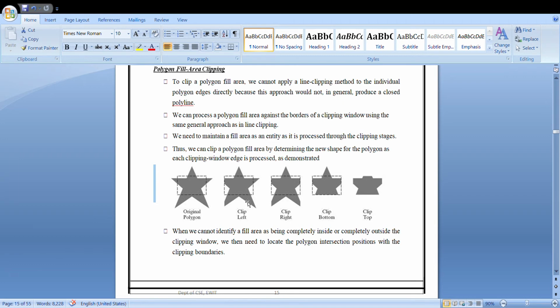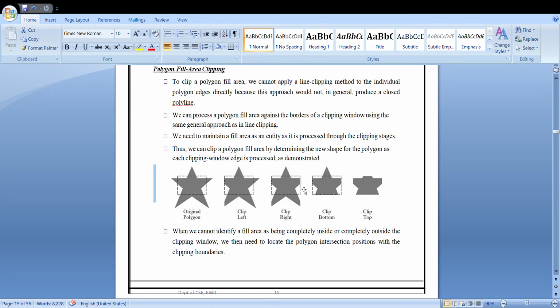That is, we start from the left, right, bottom, and then the top, stage by stage. First the left part, that is, taking the left line as the reference, the polygon will be clipped. If you observe the previous image, only the parts of the polygon which are outside the left window are clipped, others are untouched, and the vertices of this stage are passed to the next stage.